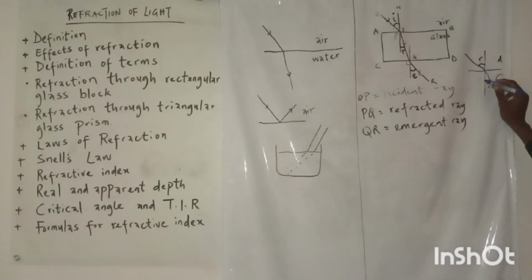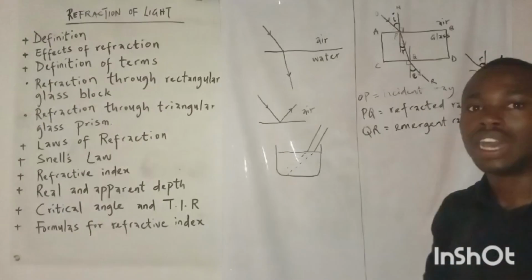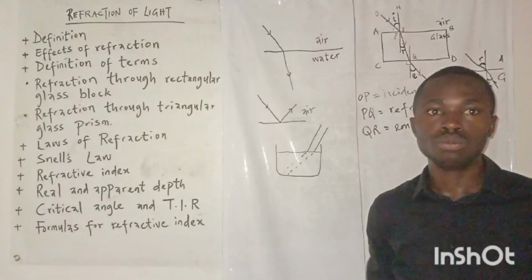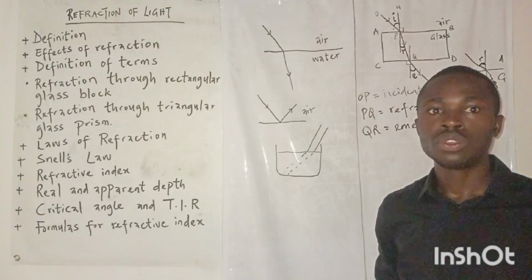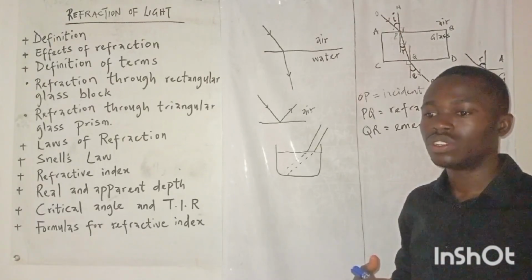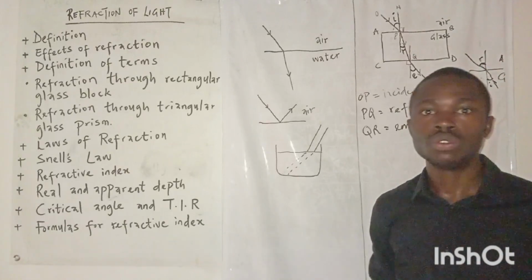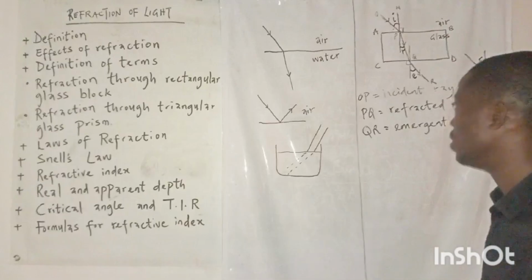So here the angle will be small and the angle will be big because glass is denser. So if you're considering the angles, the medium with a greater density has the smaller angle, whether light is traveling from it to a less dense medium or from a less dense medium to the denser medium.